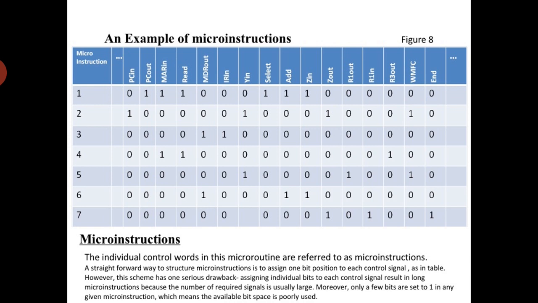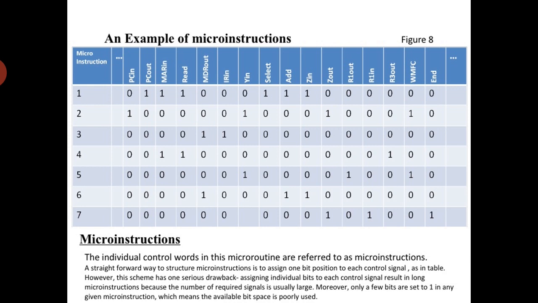So you learned 3 different terms: code word, microroutine and microinstructions. Next, the microroutines for all instructions in the instruction set of a computer are stored in a special memory.